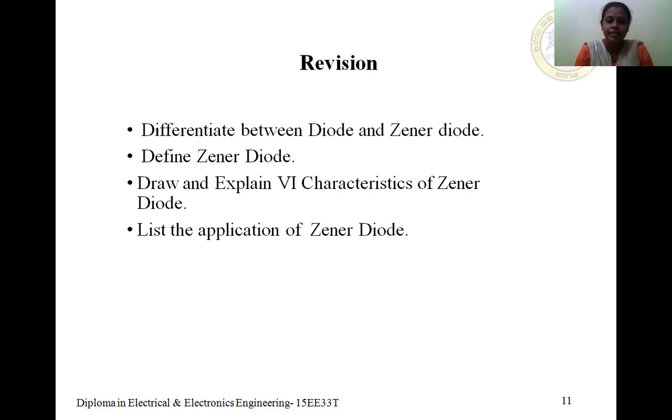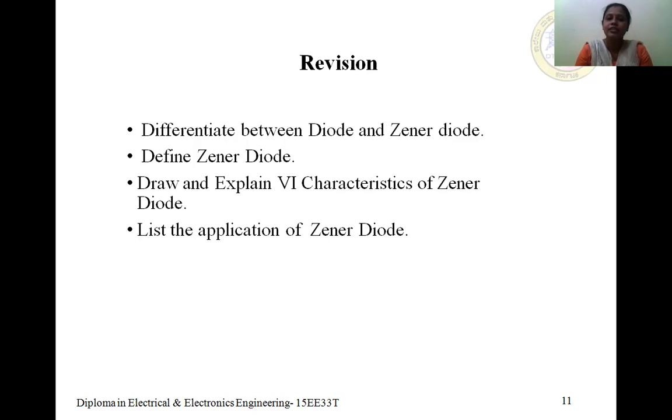A diode operates in the forward biased condition, whereas a Zener diode operates in the reverse biased condition. So these are certain differences between the diode and the Zener diode.